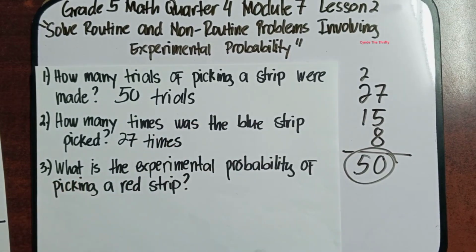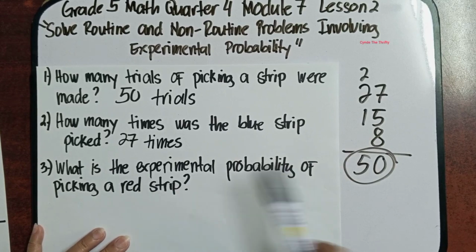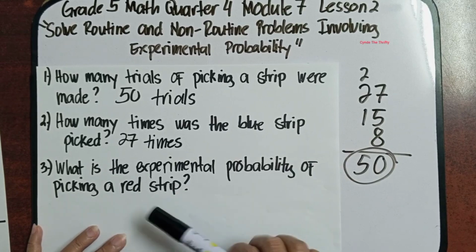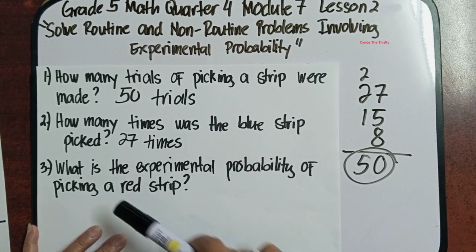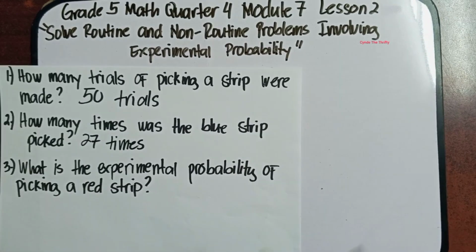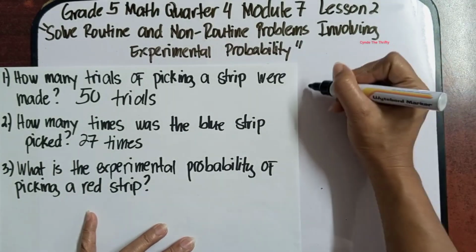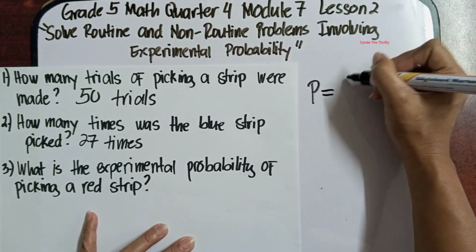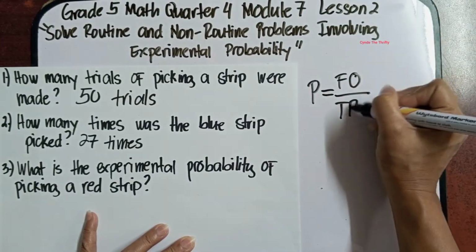And then, ang question number 3 natin, what is the experimental probability of picking a red strip? So, isolve natin kung ano yung experimental probability na na-pick natin yung red strip. Sa pag-solve ng experimental probability, ang ating formula is probability is equal to favorable outcomes divided by the total possible outcomes.